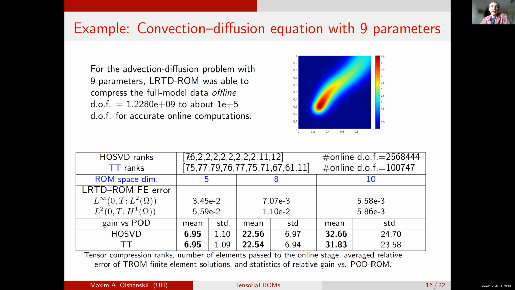Because higher order SVD has this exponential dependence on the parameter space dimension D, even though our ranks are small, the compression is much worse than the compression of TT. So one really wants to go with TT for high dimensional spaces. And again, for different ROM dimensions, we have a big gain in accuracy compared to POD.